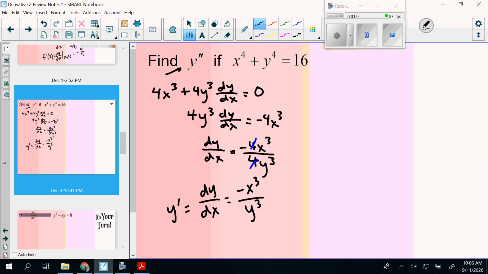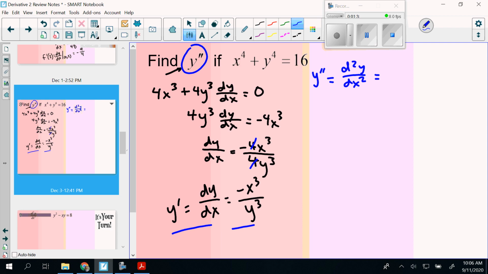Our second derivative, we've got to take the derivative of a derivative now. So if we take the derivative of that left side, it's just going to be y prime if you want to use this notation. If you're using the Leibniz notation, it would be written like this. Both say second derivative. Now what's the derivative of this right side? Here we've got a fraction, so we're going to have to use the quotient rule.